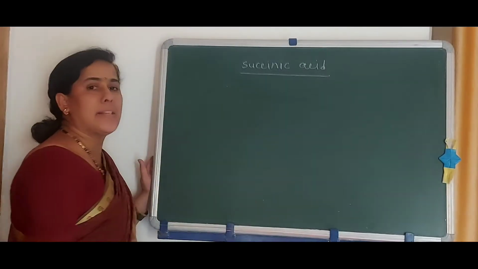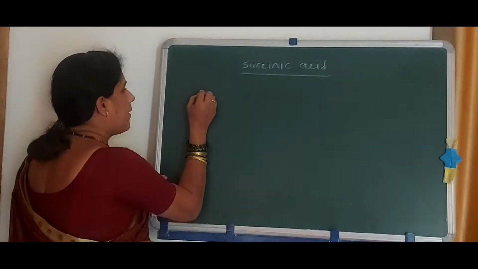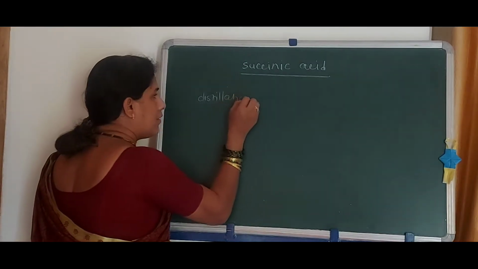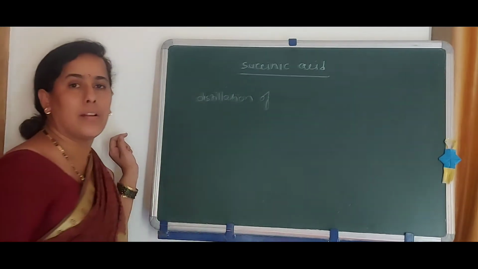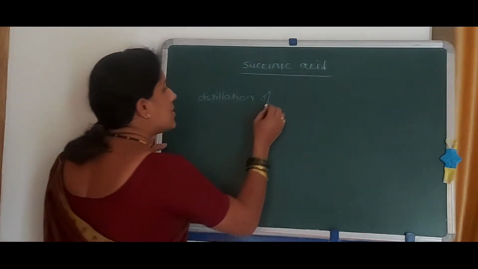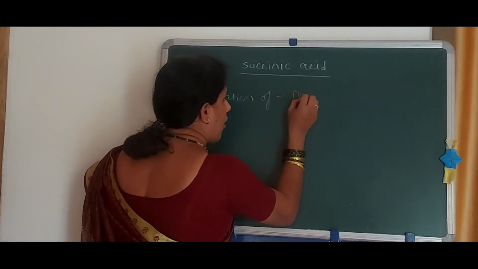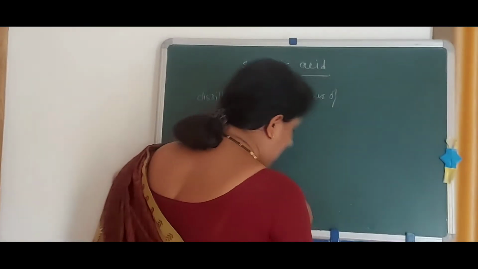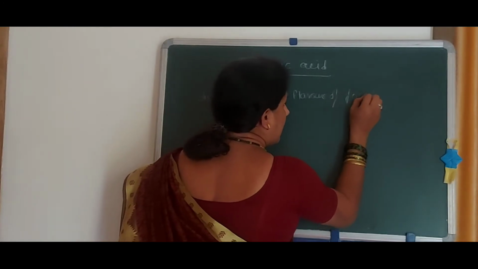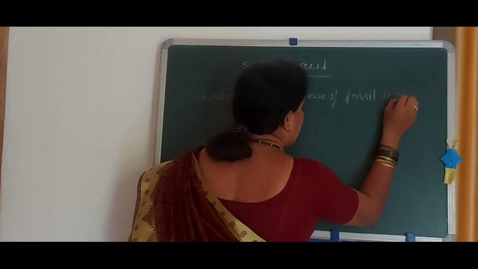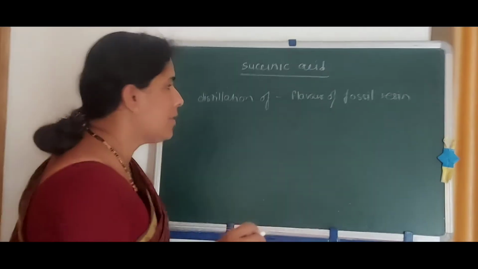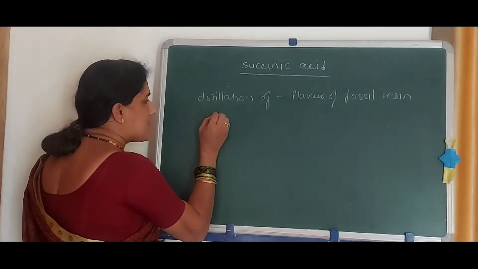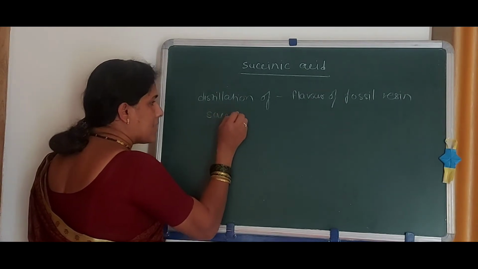Succinic acid is obtained by distillation of some flavors of fossil resin, and this resin contains succinic acid.